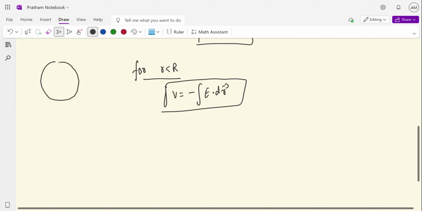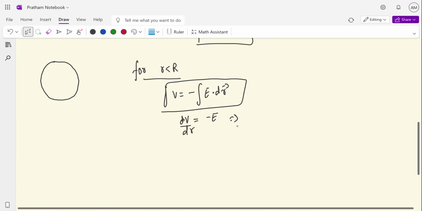What is the potential inside? So how can I calculate this? We did this in the last class, right? Yeah, we did the same thing in the last class. So when you differentiate it, you will get dV equals minus E dr. Now, for r less than R, what is E? E comes out to be zero. Is it? Okay.